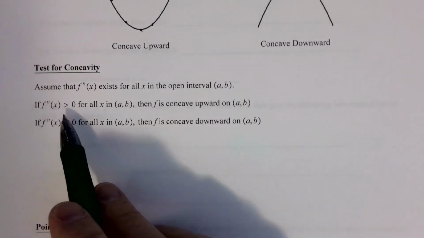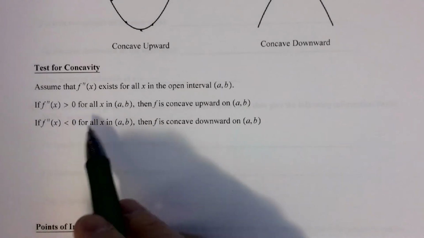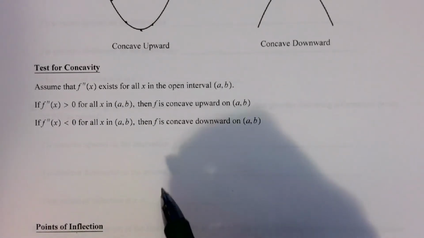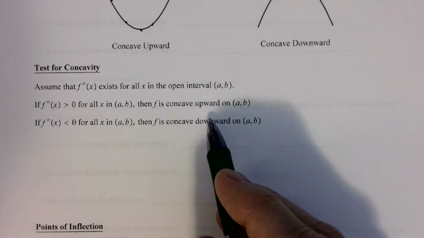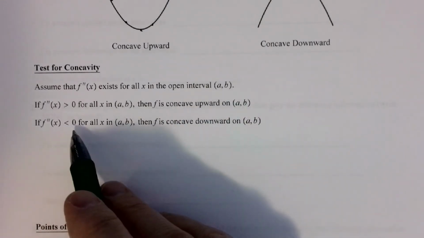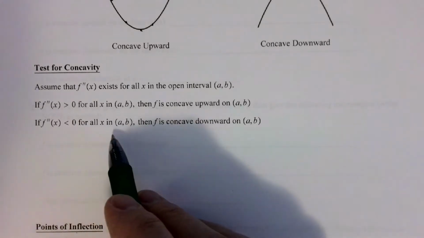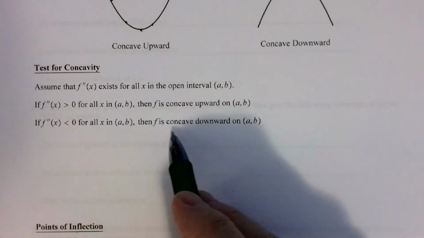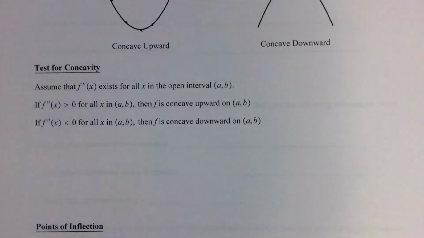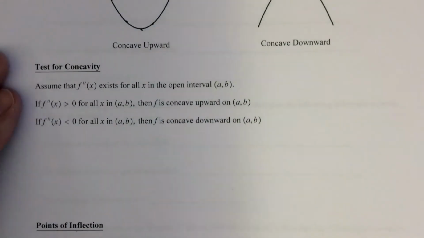Second derivative is positive, means that f prime is increasing, which means f is concave upward. F double prime being negative means f prime is decreasing, and f is concave downward. So it's real important to understand those relationships. We'll look at a quick example of that.